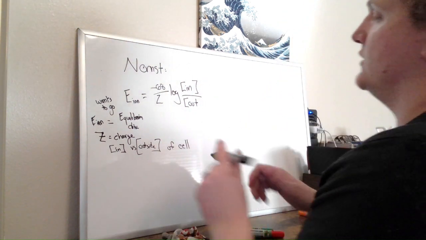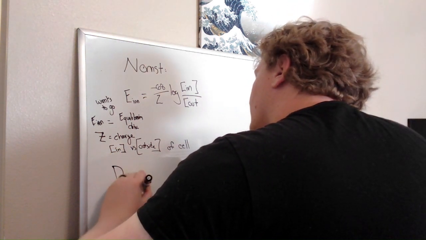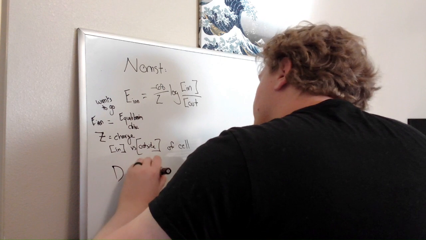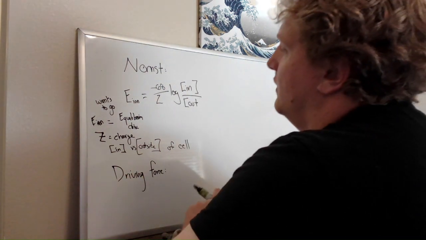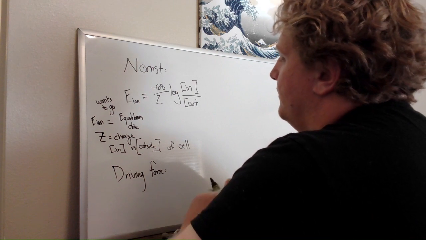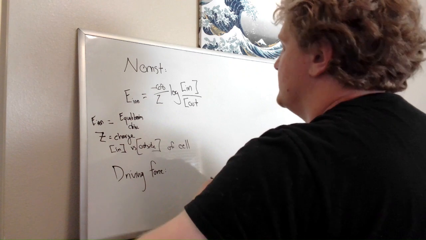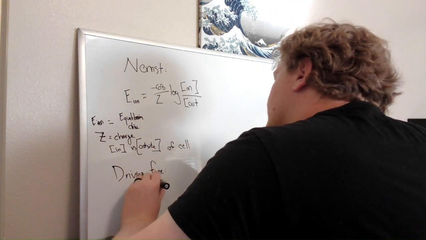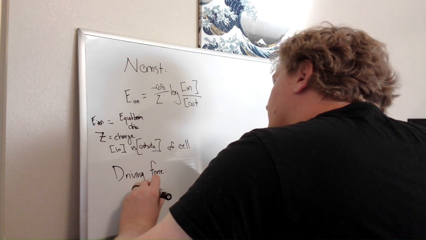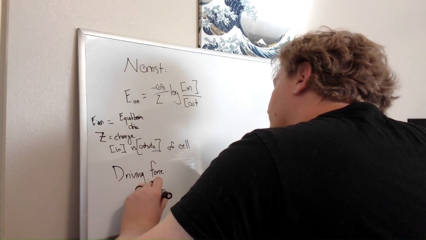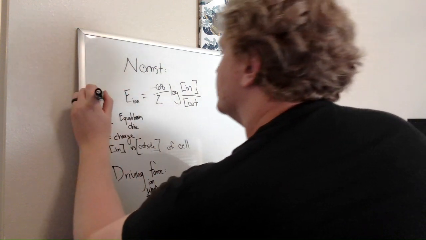Okay. Then we have what's called driving force. Driving force explains where the cell will want to go, or where the ion wants to go. So E ion is not necessarily where it's at.